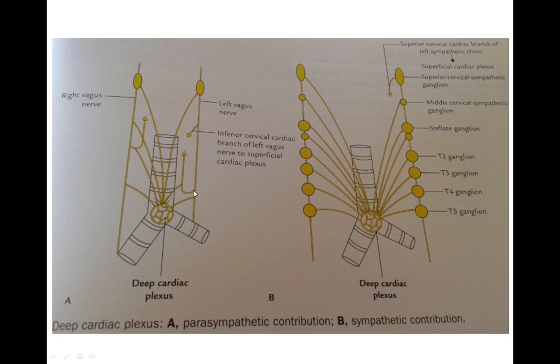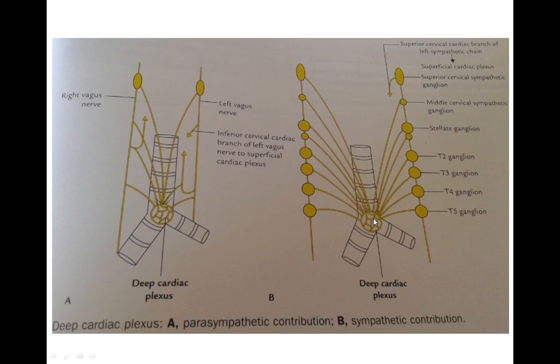These branches contribute to the formation of the deep cardiac plexus, while the sympathetic component is derived from the superior, middle, and inferior cervical ganglia. Sometimes the inferior cervical ganglion fuses with the T1 sympathetic ganglion, and then we call it the stellate ganglion. From here it also goes and supplies the heart, ultimately contributing to the formation of the deep cardiac plexus.